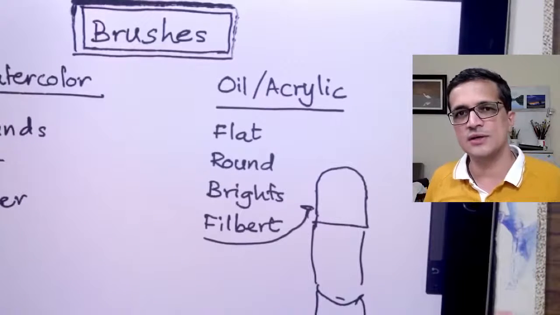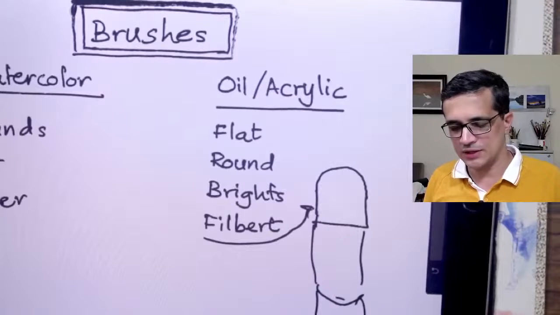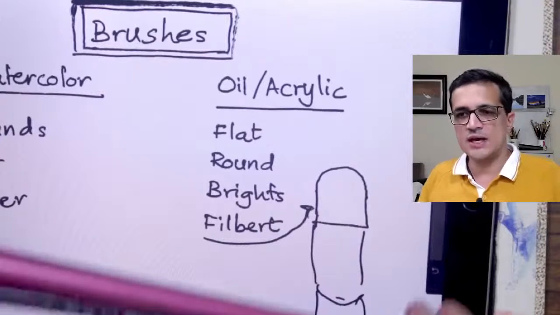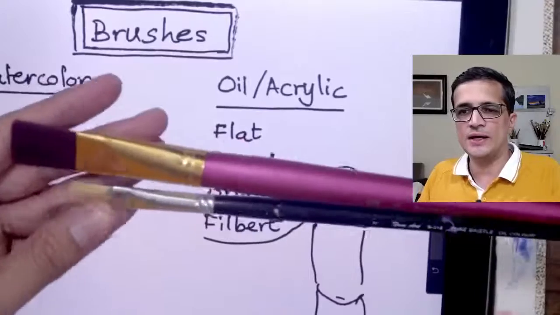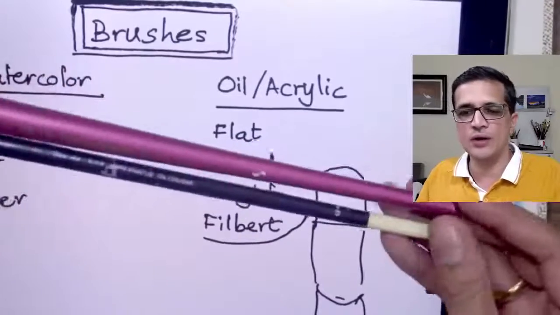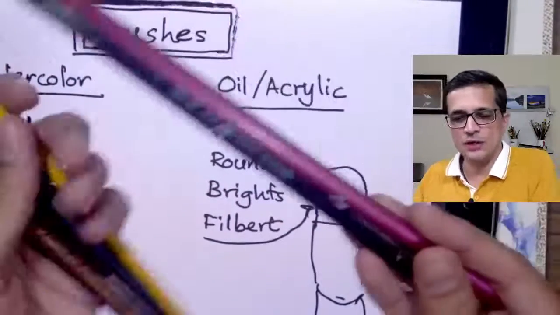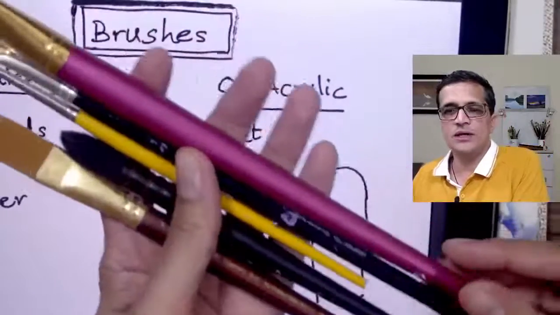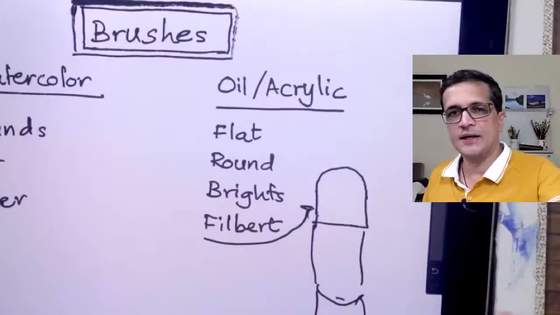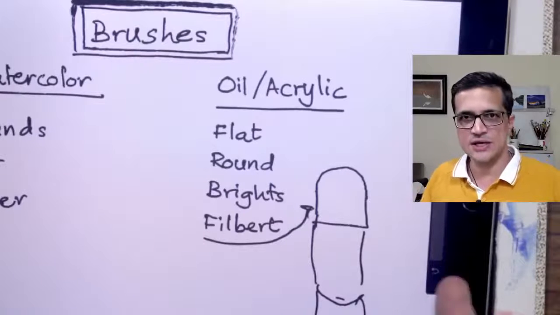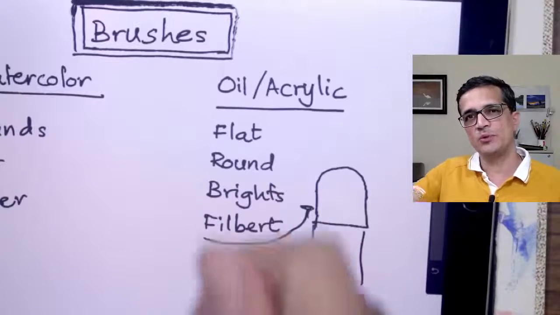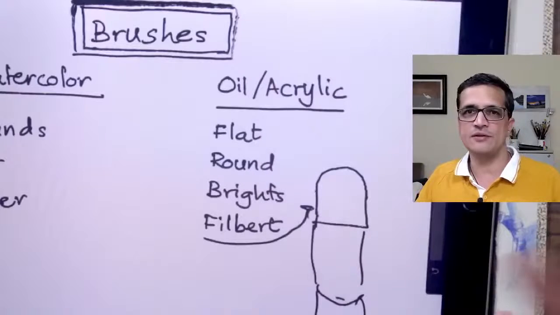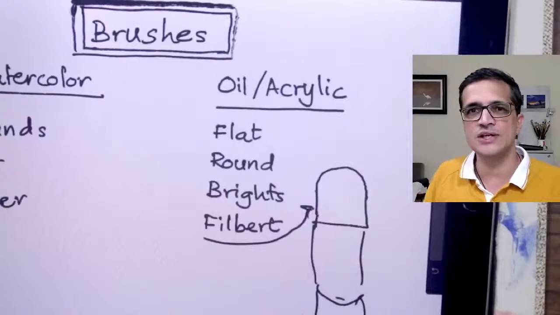Another difference I'll mention while we are talking about the subject is that oil and acrylic brushes tend to have longer handles, whereas watercolor brushes tend to have shorter handles. The reason being, oil and acrylic paintings are generally larger in size, and you should be able to paint them from a distance to get the feel of the artistic strokes.